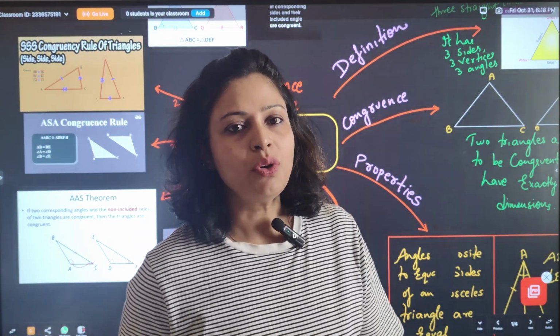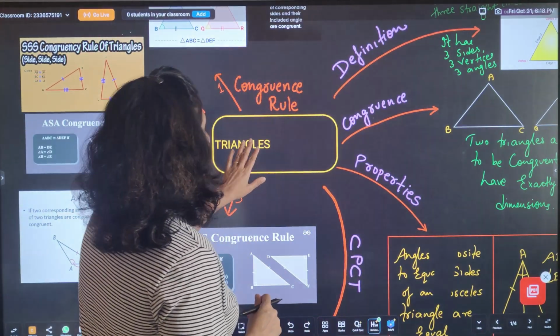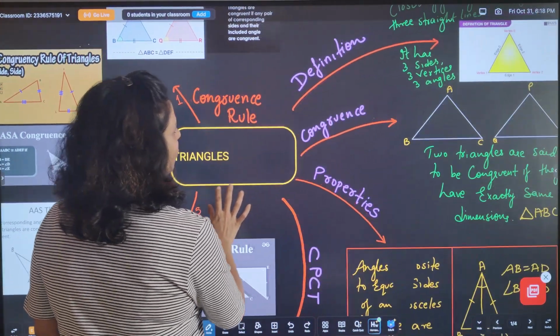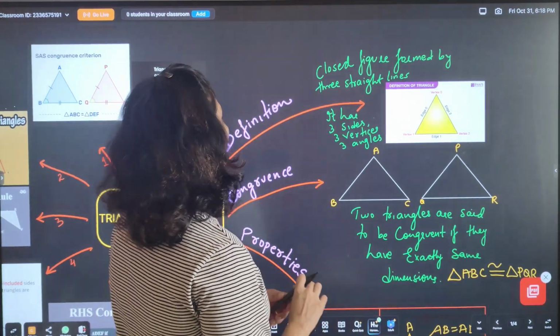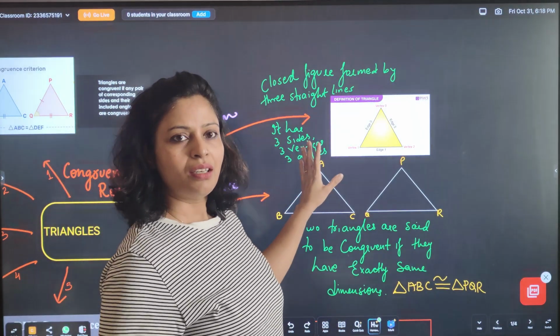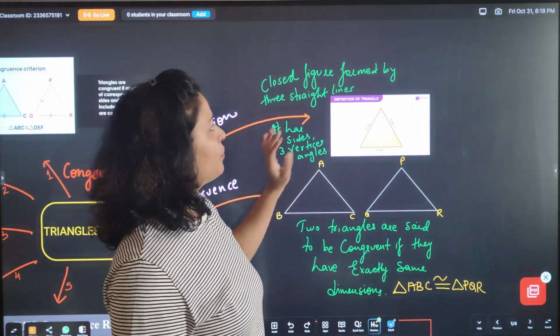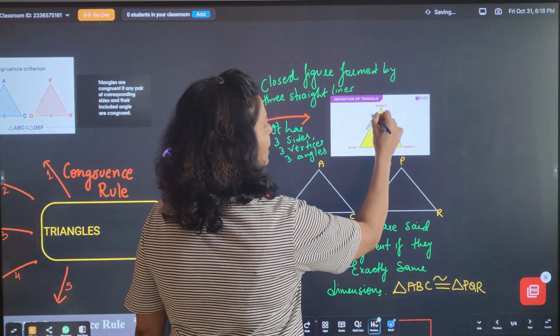So in the last video, as I told you, we started with the triangles chapter. In the elaborate video which I shared with you, we started with the definition of triangle. How can we define a triangle? It is a closed figure formed by three straight lines. We have three straight lines here, as you can see.